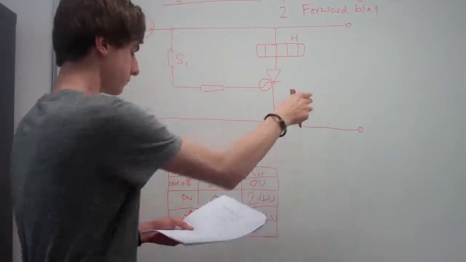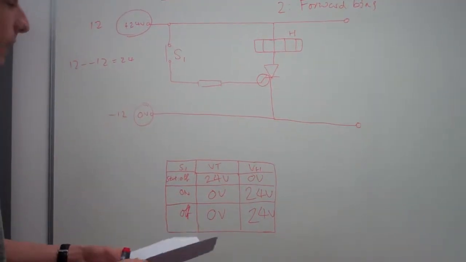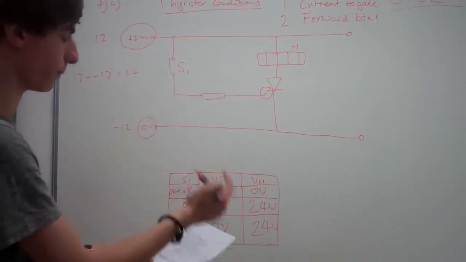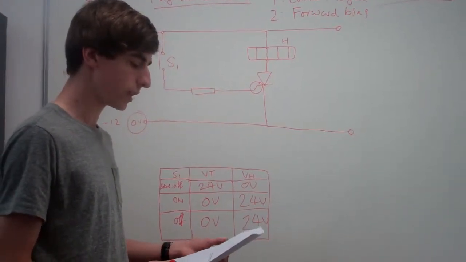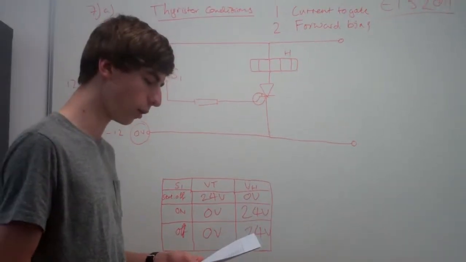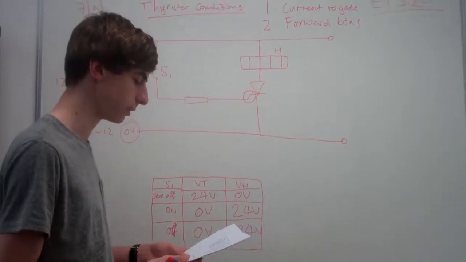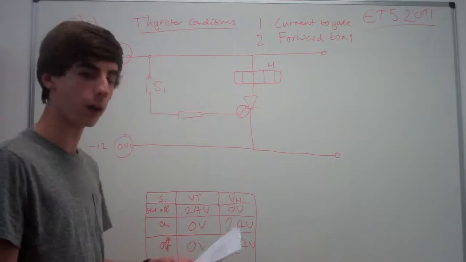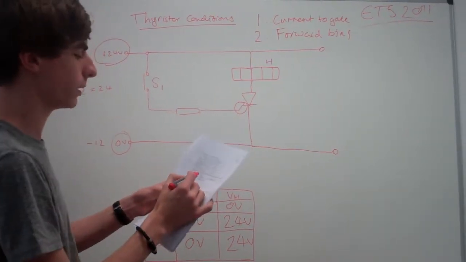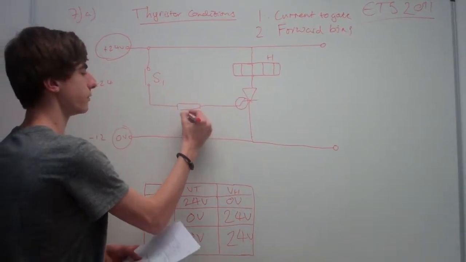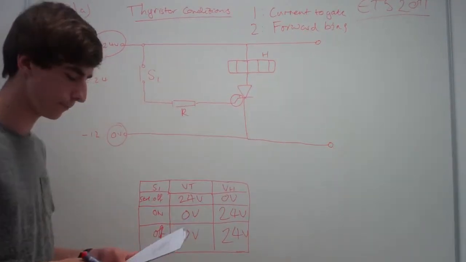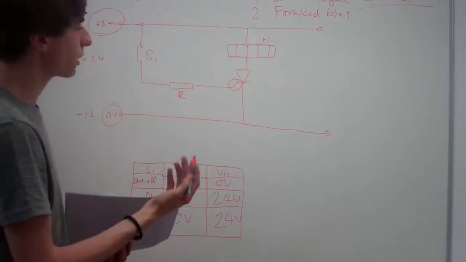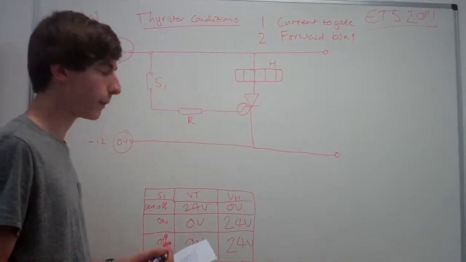So, the next part then gives us another table, which I haven't managed to write out yet, which gives us quite a lot of properties for the thyristor. And it asks us, use this table to calculate the maximum ideal value for this resistor R. Now, you're looking for some various bits of information.